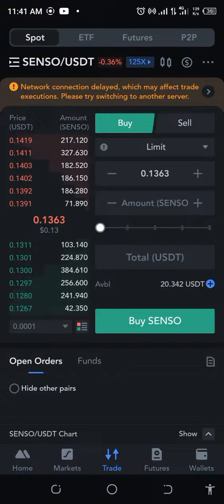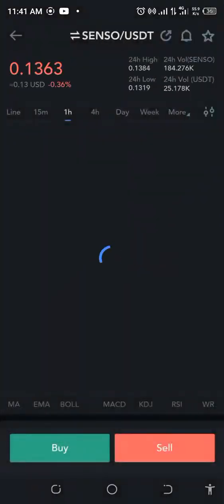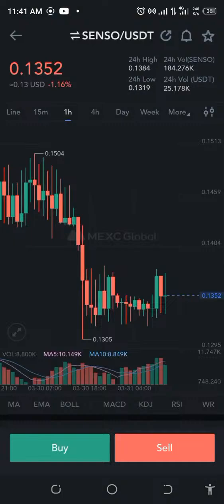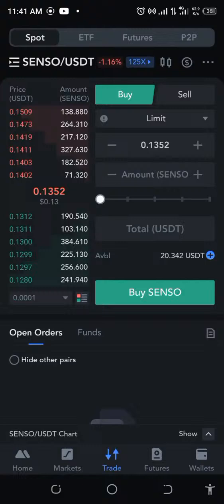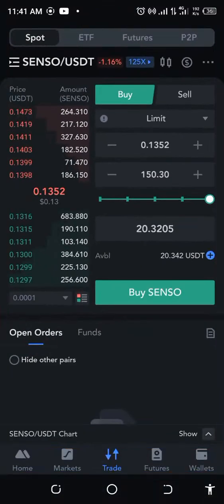Let's check the charts just to be on the safe side to see what's going on with SENSO. Oh, it's going down, so we need to quickly buy. So I'm just going to put 100%. Oops, whoops. What am I getting here? It's gone down again. Now, why?